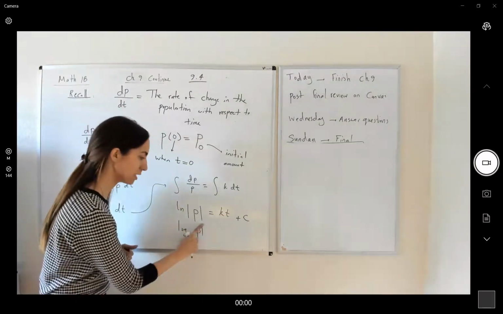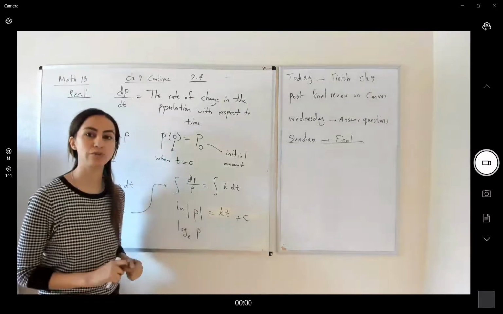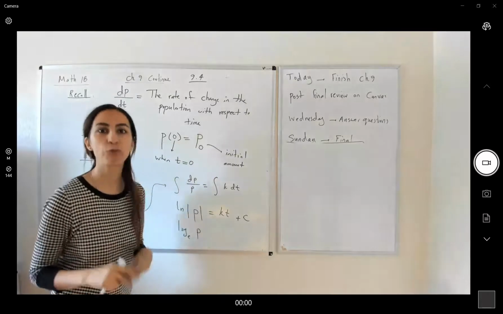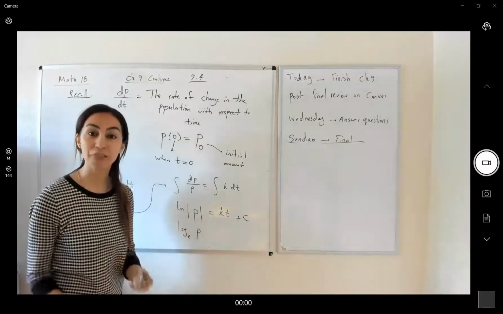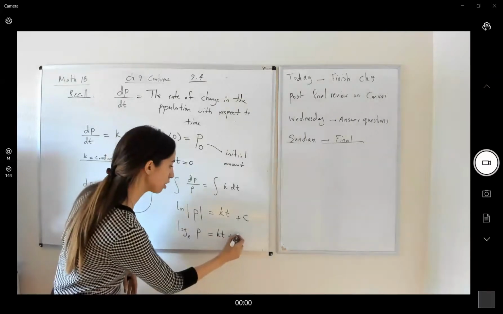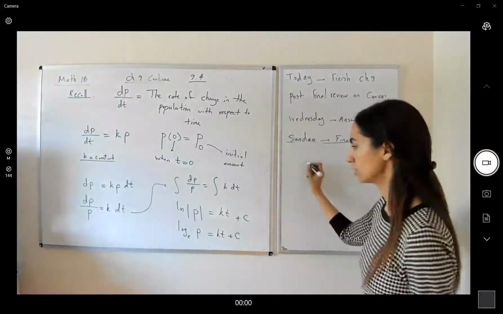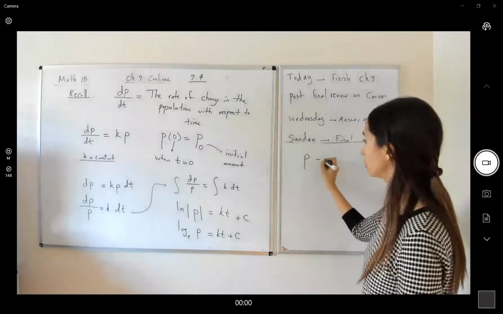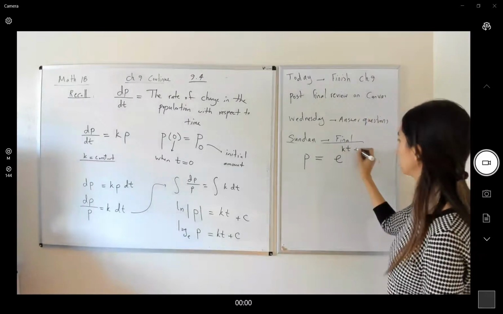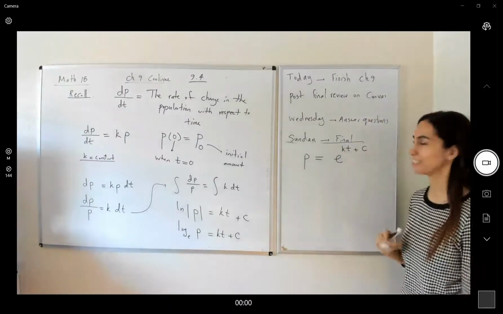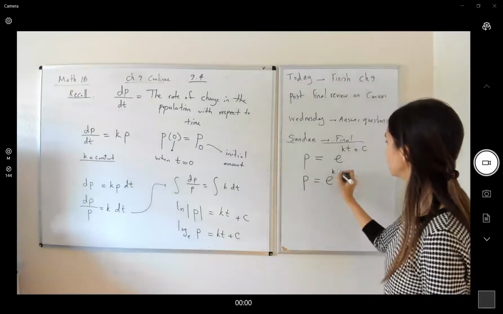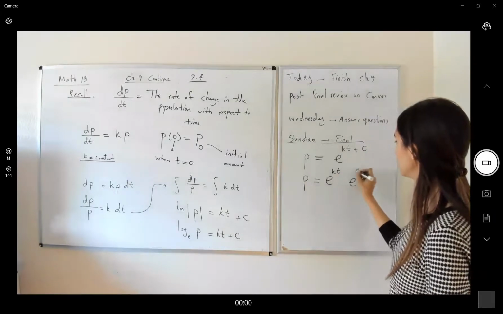So ln p equals k times t plus c. So p, or population, is equal to e raised to kt plus constant c. So p is e to kt times e to the c.